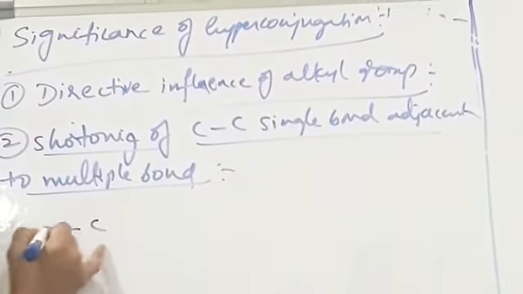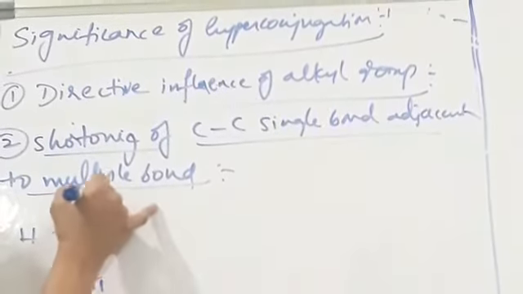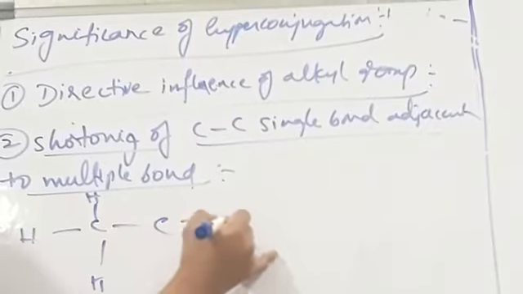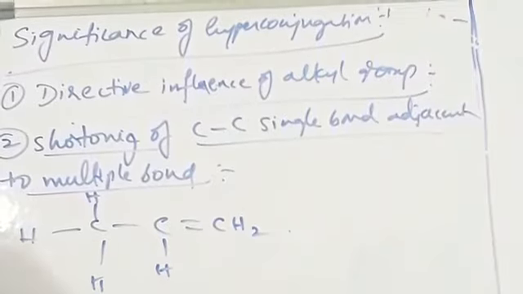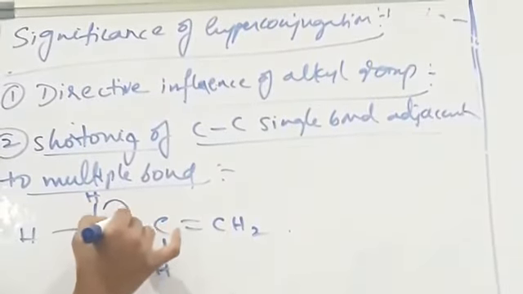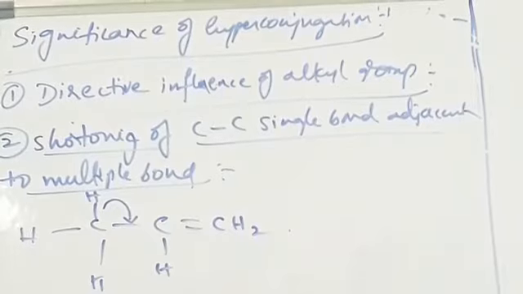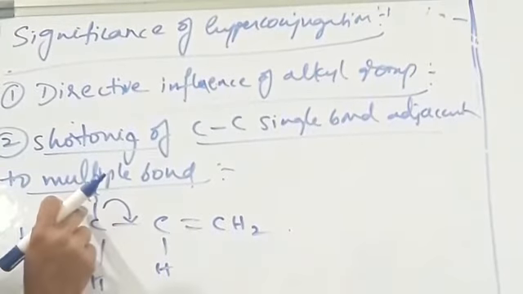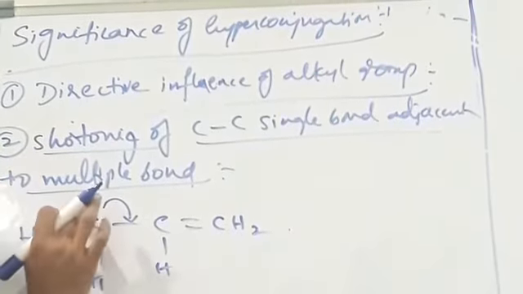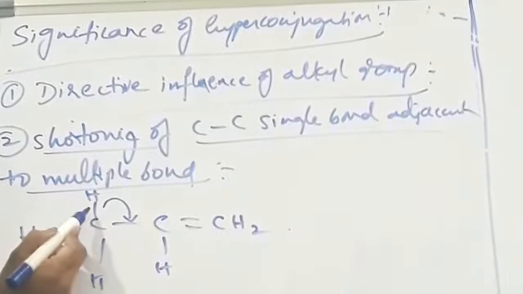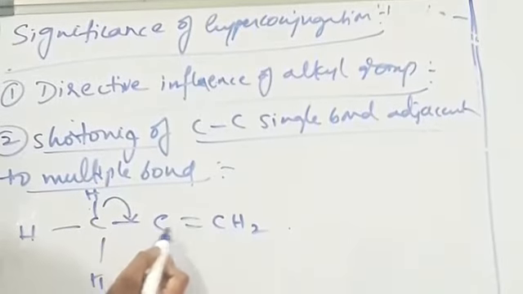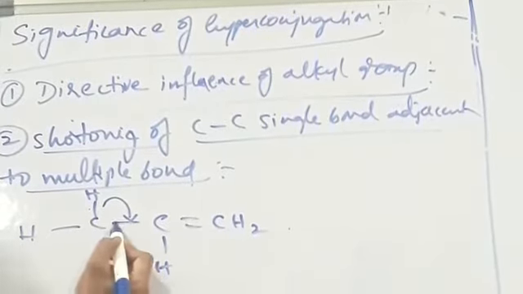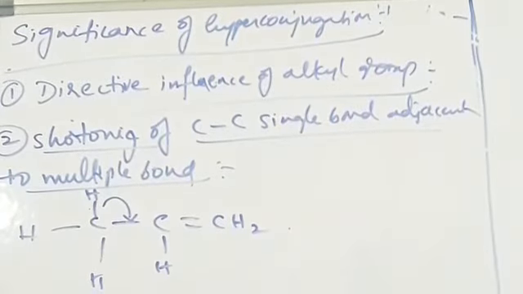Due to the displacement of sigma electrons, this is a single bond, and a single bond indicates a pair of electrons, which are sigma electrons. So the sigma electrons displace towards this single bond, which gets attached to the sp2 hybrid carbon. So here the single bond becomes a partial double bond.